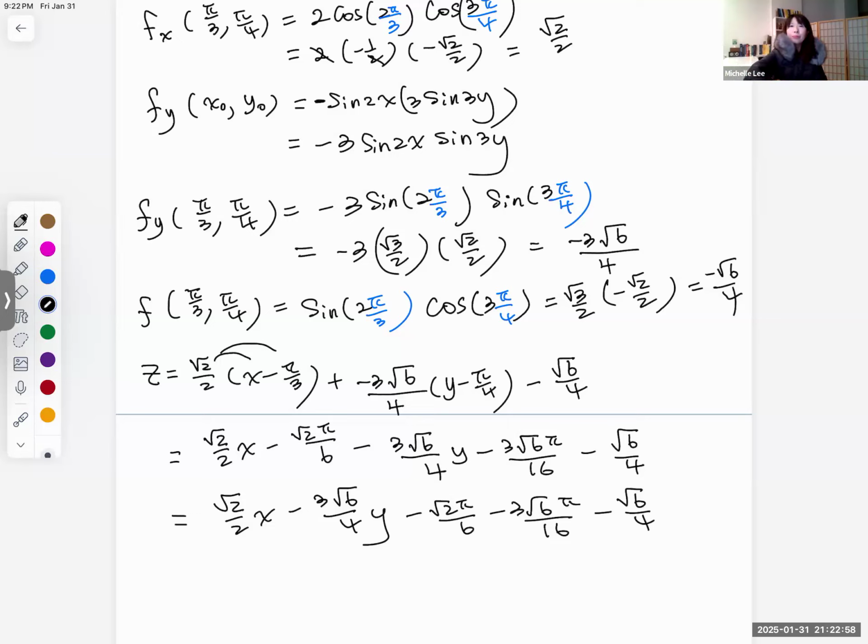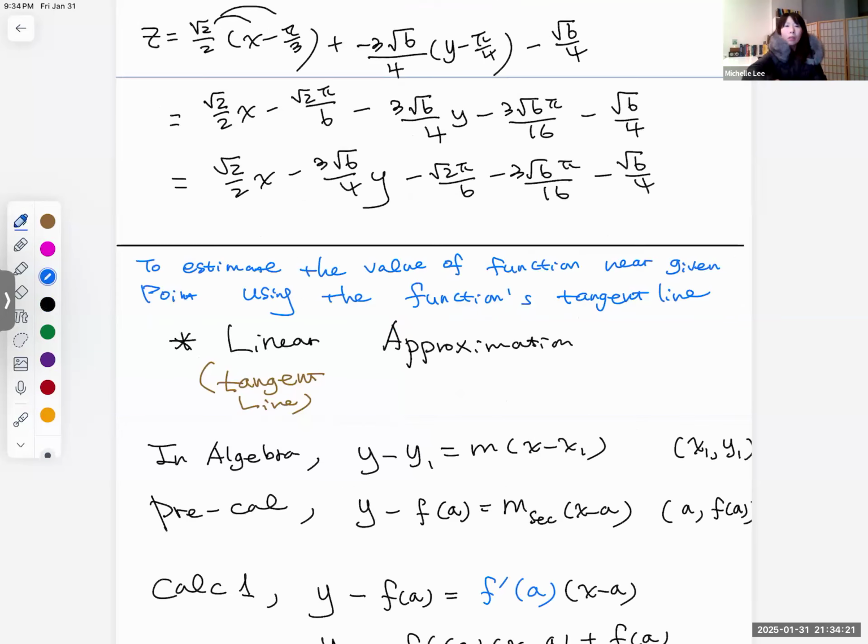Is it okay? All right, let's move on. Linear approximation. Okay, so here is a linear approximation. What we learned from Calculus 1. It's the same concept, but we are using a different equation because we are learning Calculus 3, which has more variables, right?